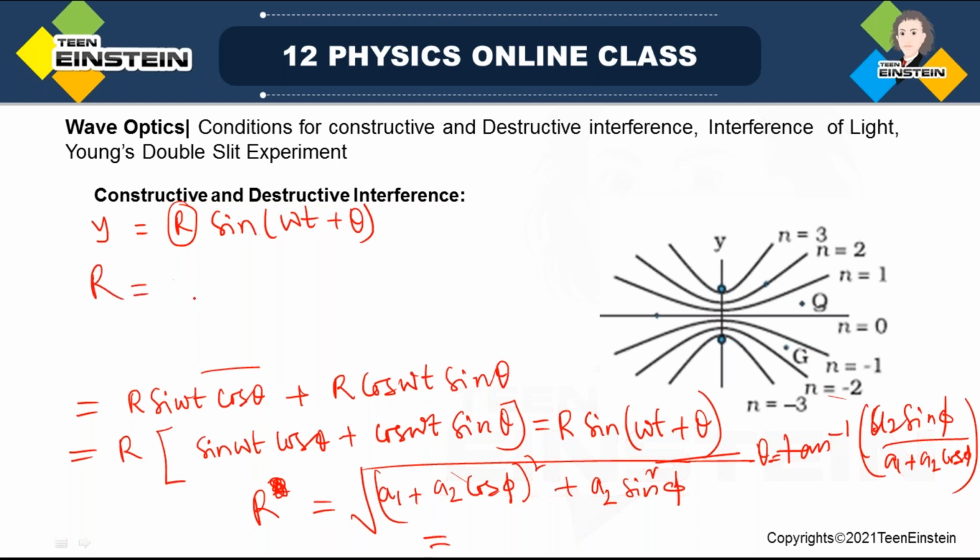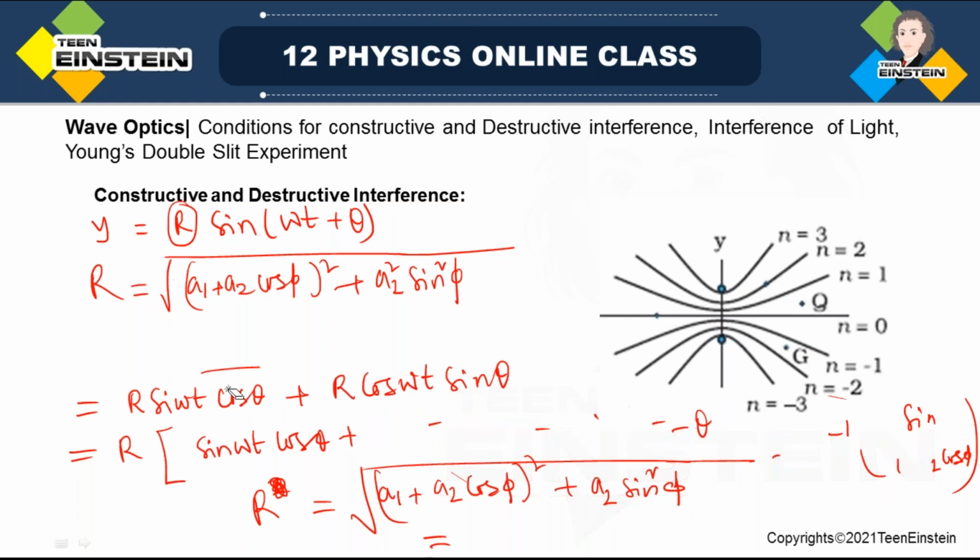See, r is the square root of a1 plus a2 cos phi whole square plus a2 square sine square phi. Okay, I'll just remove this part.